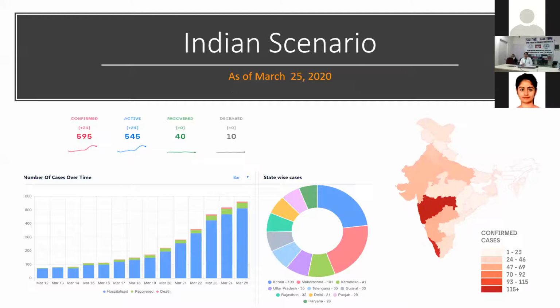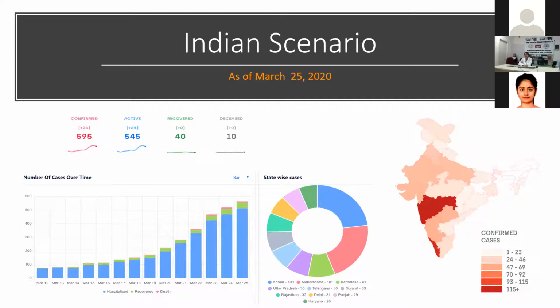Going by the Indian scenario, as of today, we have 595 confirmed cases, 545 of them are active, 40 have recovered, and 10 have died. If we go by state-wise distribution, Kerala and Maharashtra are topping the charts with the maximum number of confirmed cases, followed by Karnataka and Uttar Pradesh.